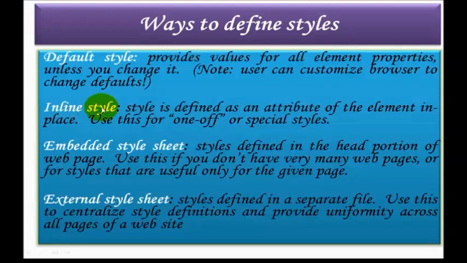Inline means on the same line: the style is defined as an attribute of the element, in place, within or inside the element. We call it inline, on the same line. Use it for a one-off or special style. Embedded style sheet: the styles are defined in the head portion of a web page.